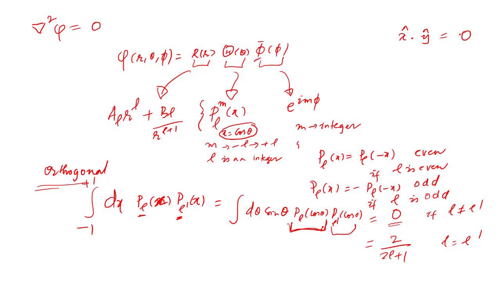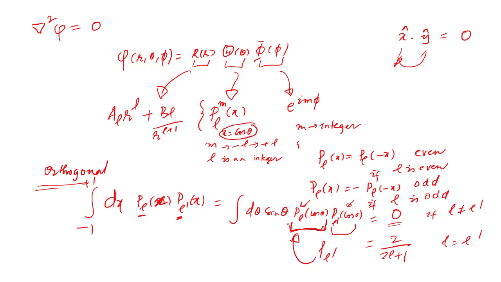There is no projection of y along x. So if you have P_L and P_L prime, they are like x and y in that they are completely independent. Like how y cannot be expressed in terms of x, similarly P_L prime cannot be expressed in terms of P_L.